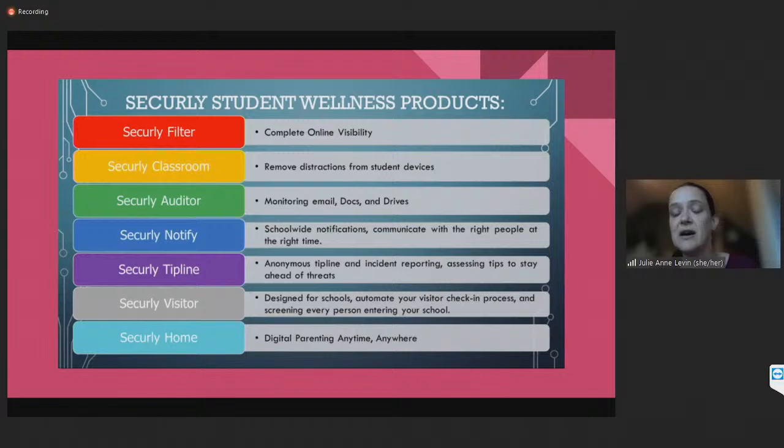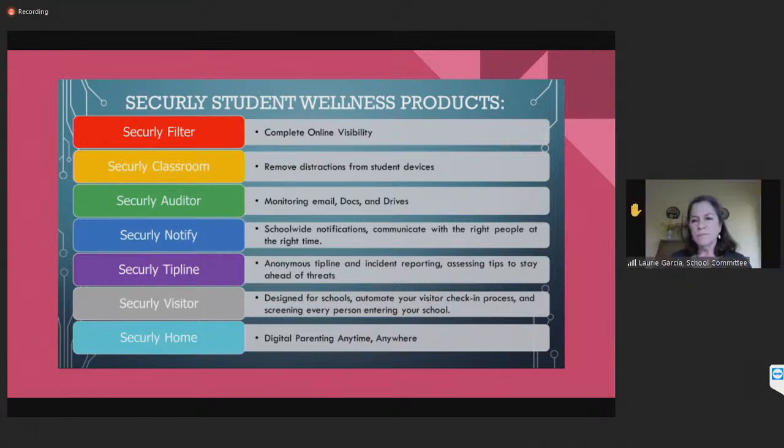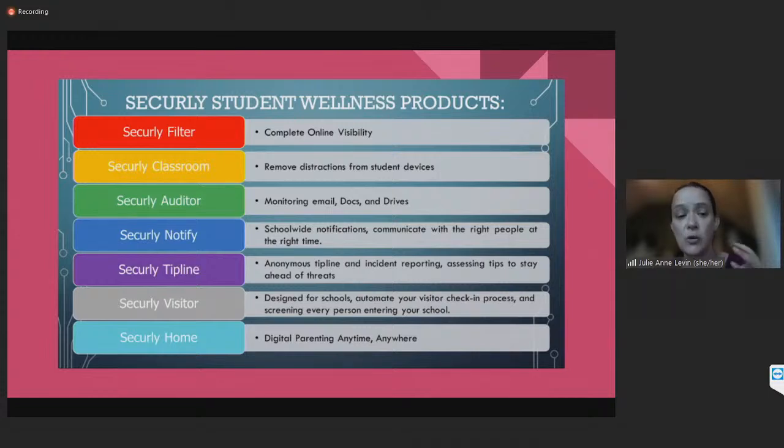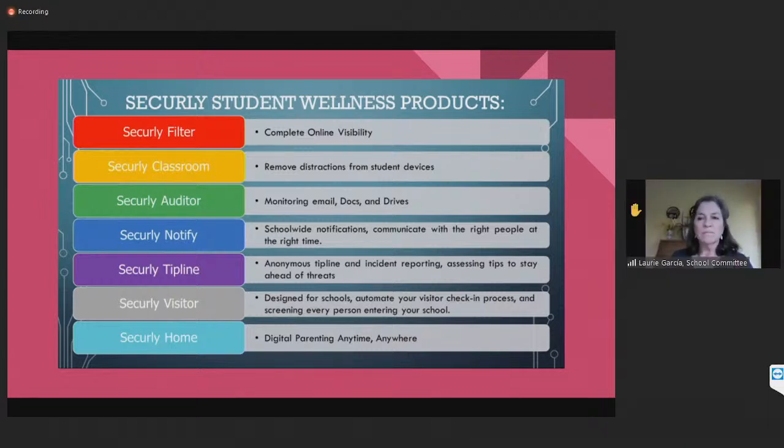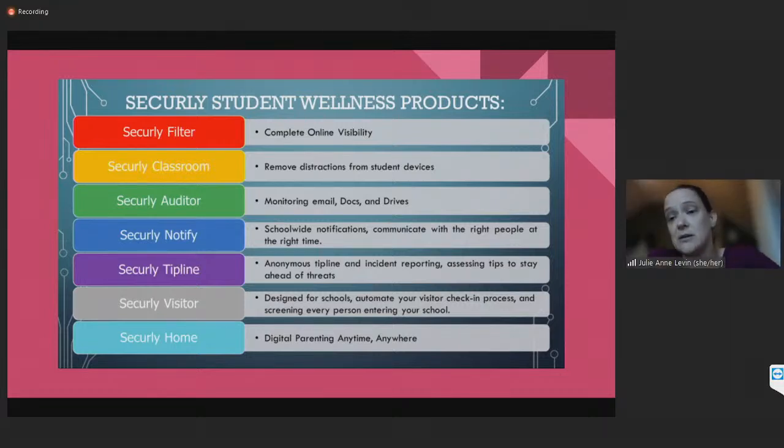Oh, no. So I'm sorry. Classroom is implemented, yes. Teachers have access from 7 a.m. to 4 p.m. The Securely Home would then give parents that same access that is given to teachers through Securely Classroom, but from the hours of 4 p.m. to 7 a.m. We have not implemented Securely Home, but it's an option that we could certainly think about.